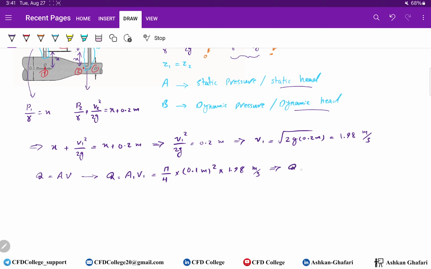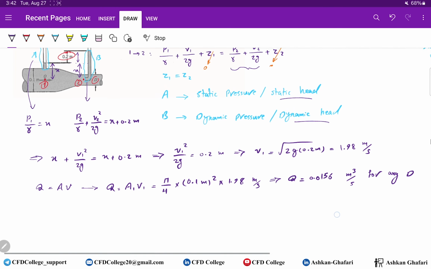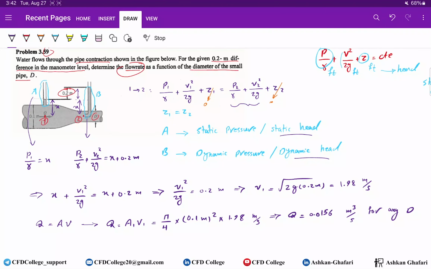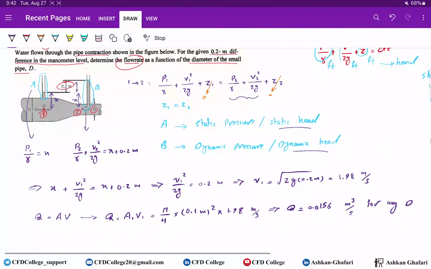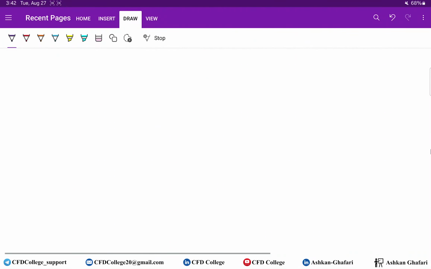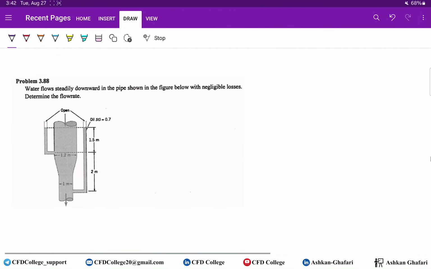So flow rate is equal to 0.0156 cubic meters per second for any d. It means that it is not dependent on diameter. It's independent. And I think this one is a tricky problem again. Okay, next problem.